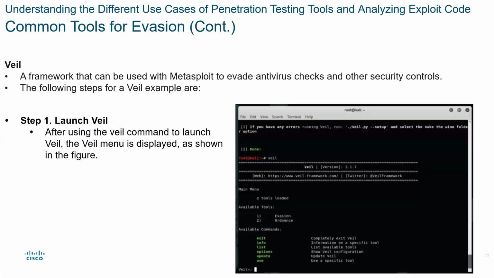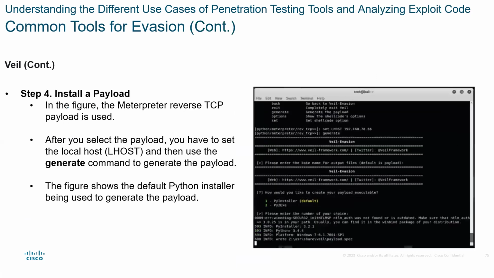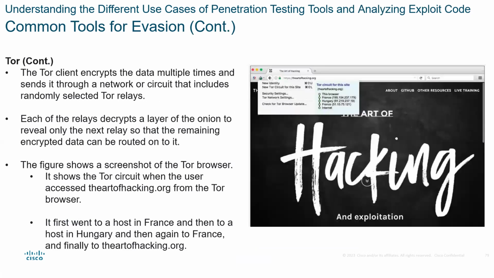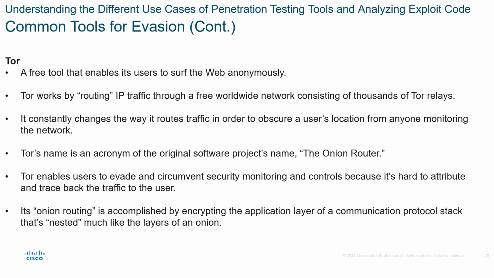So this is what Veil looks like. This is what Tor looks like, right? Tor is a very nice tool. This serves like a VPN. It helps to tunnel your traffic away so that you can browse anonymously.